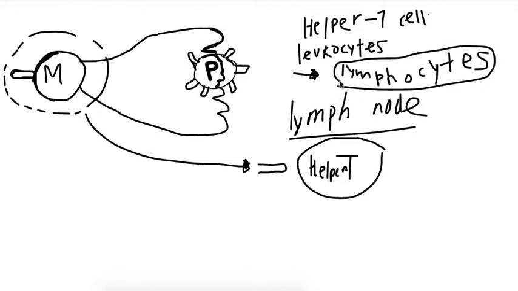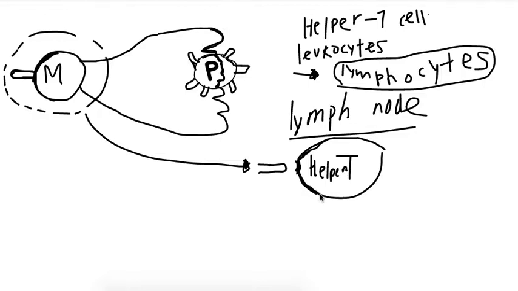This is a subcategory of a leukocyte. The helper T cell has this kind of receptor, so it's able to receive this antigen that has been presented on the surface of a macrophage.